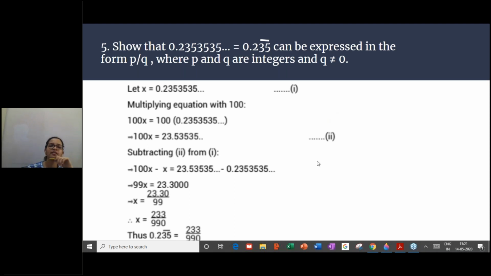So in this case, again, since only two digits are repeating, you can take 100. Even though it's 3, 5 repeating, not the first two, it's still okay if you take 100. Or you can directly take 1000.